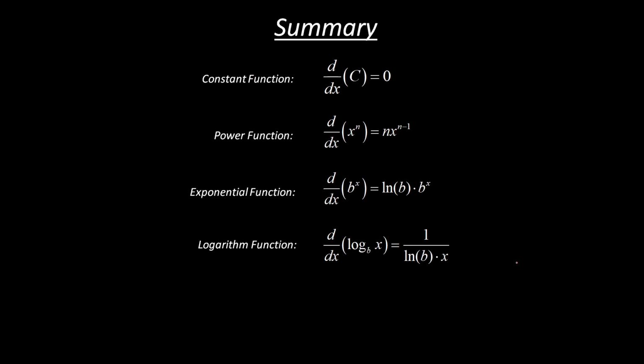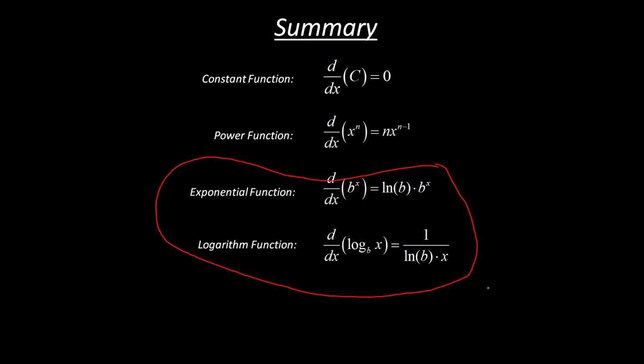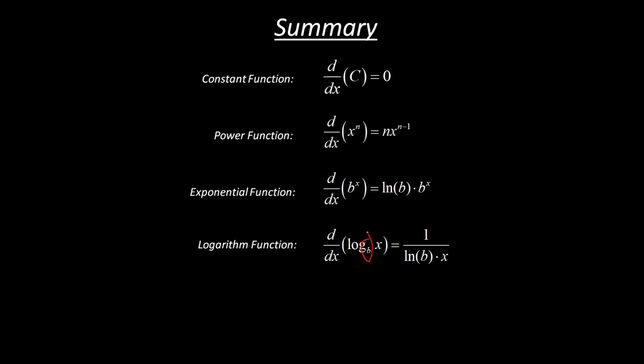So in summary, 4 derivative patterns. And if you're worried about memorizing these, we're going to use these so much on test 2 and test 3 that you're just going to memorize them. And remember, for exponential and log, when you have base e, there's a special case.